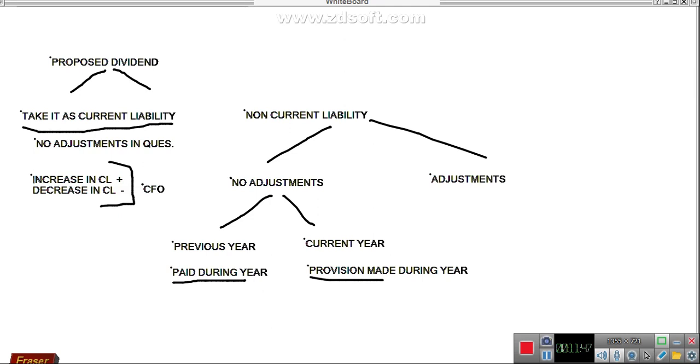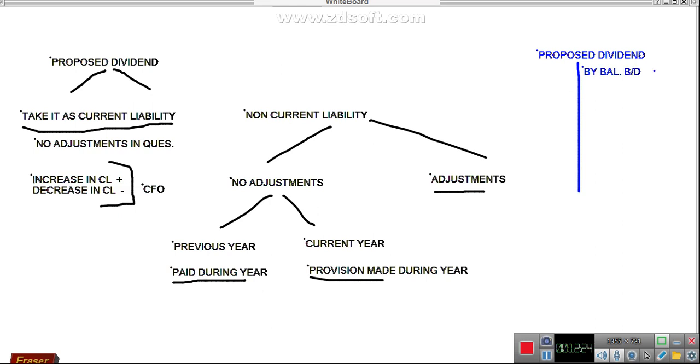And if you have been given adjustments in the question, then you need to prepare an account for this adjustment. Then you will be preparing the proposed dividend account. As it is a liability, its balance will begin from the credit side, so you will start from the credit side with balance brought down.